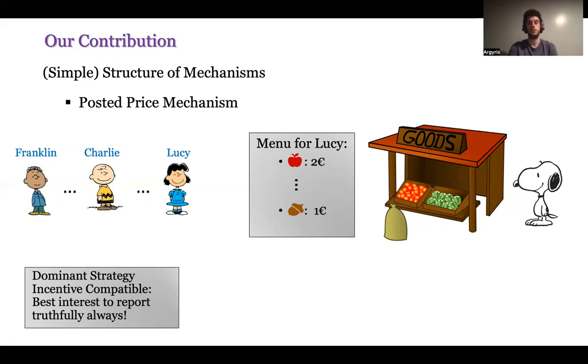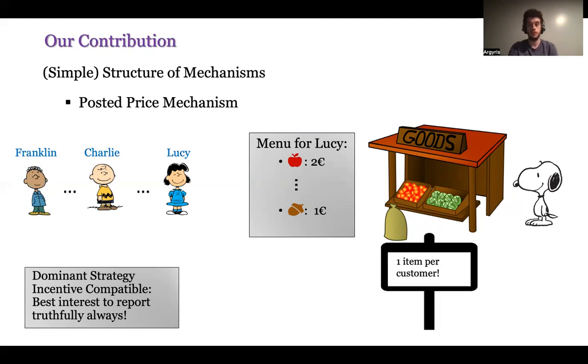Similar to the two-part tariff, the seller only knows the distribution of buyers' types and not their realized types. Similar to the two-part tariff, this mechanism is also dominant strategy incentive compatible, which means that it is always in the best interest of the agent to report truthfully, regardless of what the other buyers are doing.